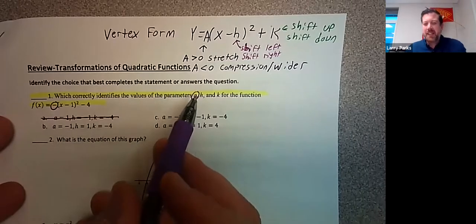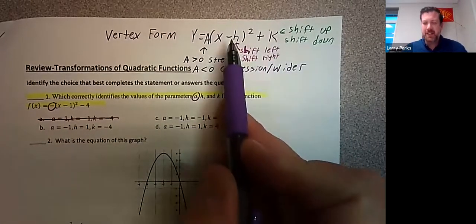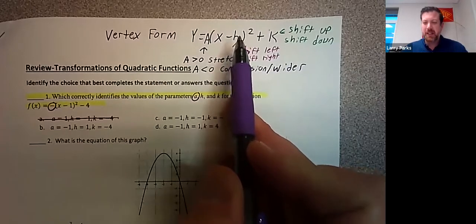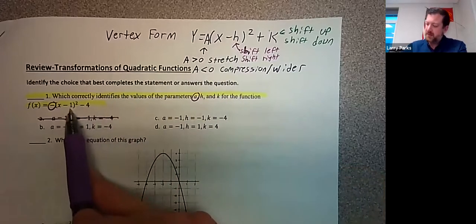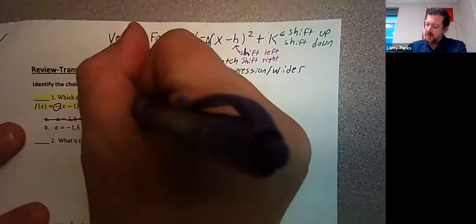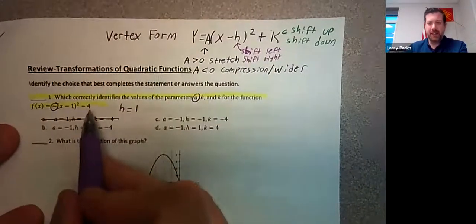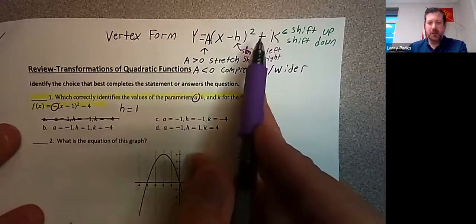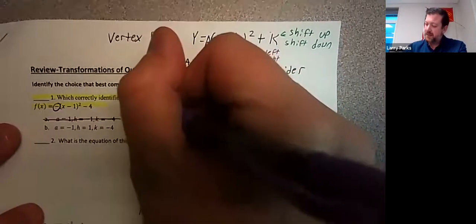Now H, this is where it might get confusing because the formula has a minus. So technically H is the number right here without the minus. So I would say H is 1. And K is just the whole number, so I would say K is -4.